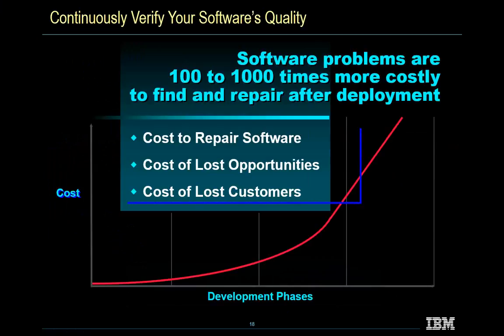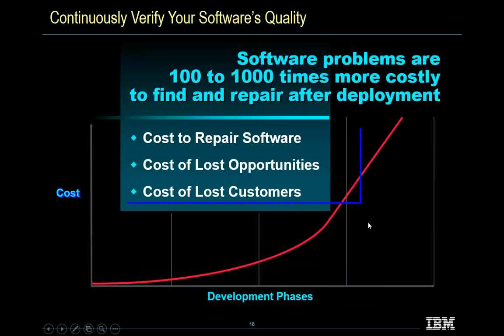Continuously verify your software quality. This is an important statement: software problems are 100 to 1000 times more costly to find and repair after deployment. Once the software has been deployed and implemented, finding a solution for a problem is much more costly, because you have already deployed and now you are making changes, amending, and repairing it.